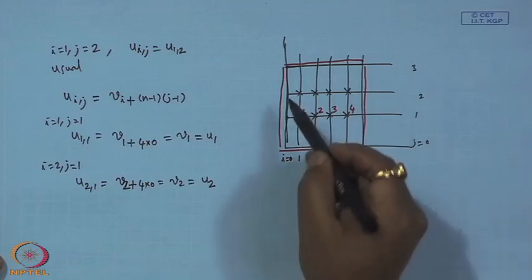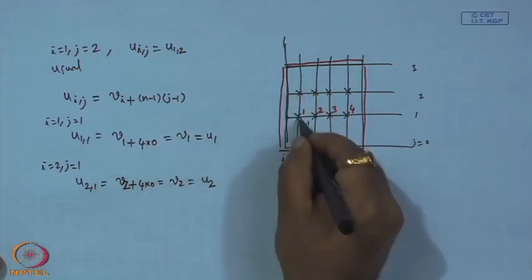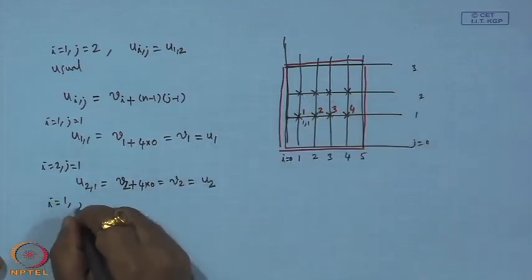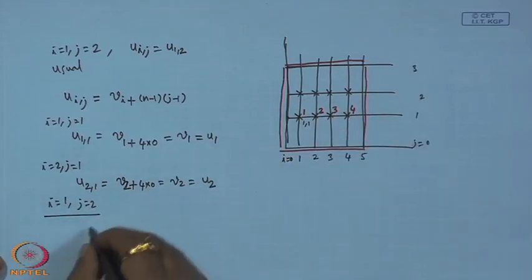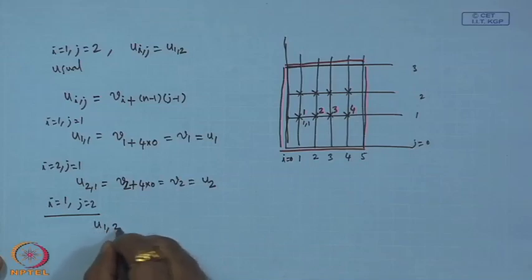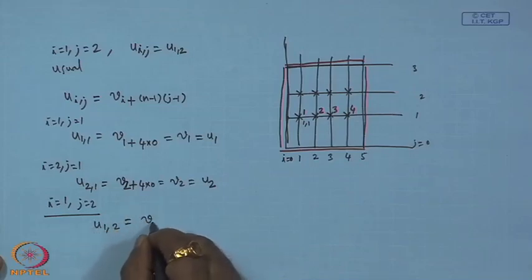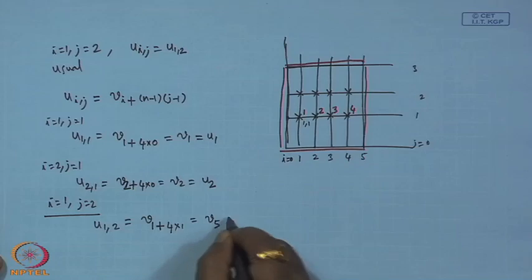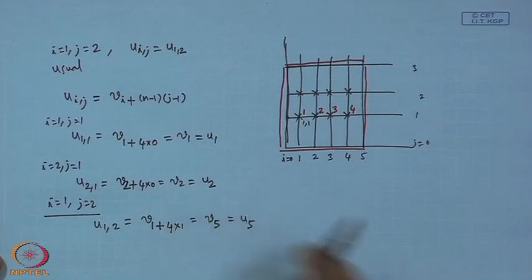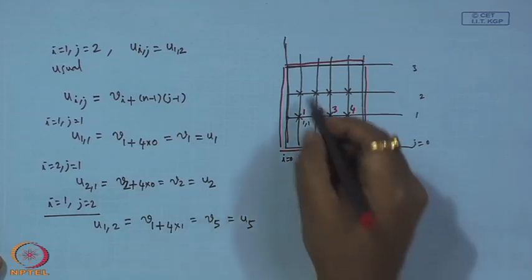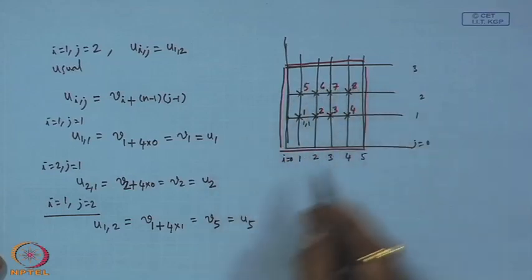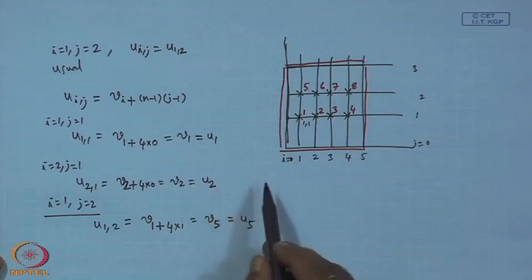Now let us take this point, which corresponds to i is 1 and j is 2. That will be u 1 2, so v 1 plus 4 times 1, so v 5. This can be u 5, and this is our next point. Then 6, 7, 8. This is just a simple enumeration.